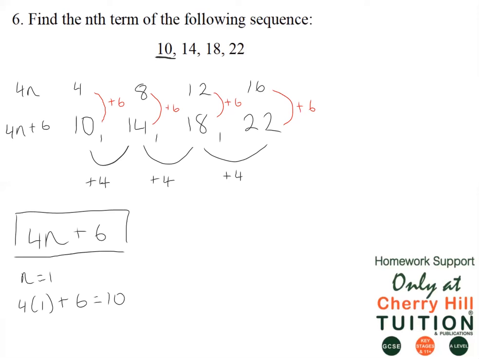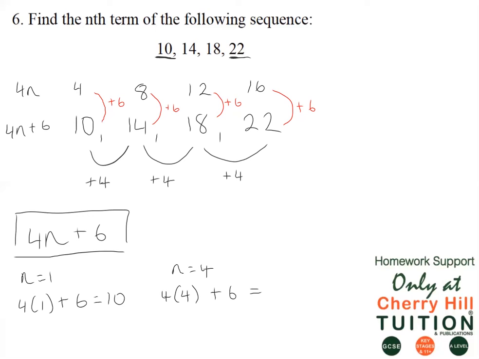Okay, let's try our fourth term, which is 22. This means n is equal to 4. So if we substitute n is equal to 4 into our nth term, we should get 22. So 4 multiplied by 4 plus 6.